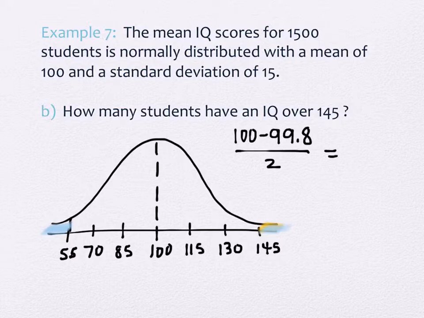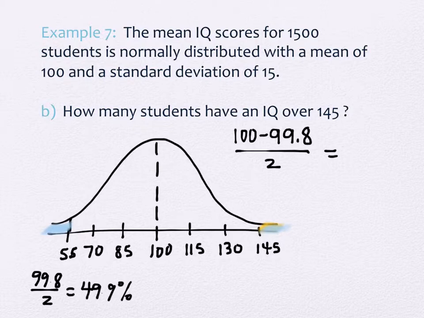What did you do to find your percentage, Emily? I did 99.8 and then just divided it by 2 right away to get 49.9%. And then that was 0.1% difference, because it's 50% on one half.